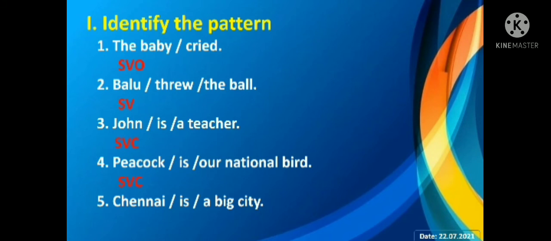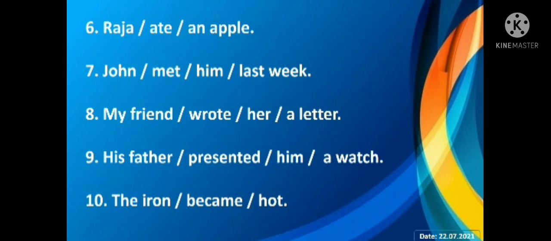John is a teacher. Subject, verb, and teacher is a complement. Peacock is our national bird. Subject, verb, and our national bird is a complement. Chennai is a big city. Subject, verb, complement. So after the be form verb, we call this a complement.